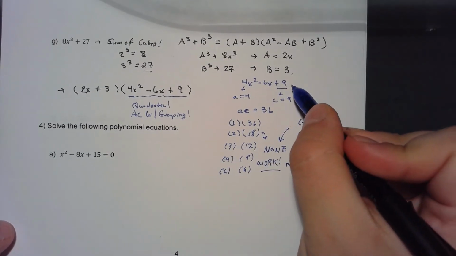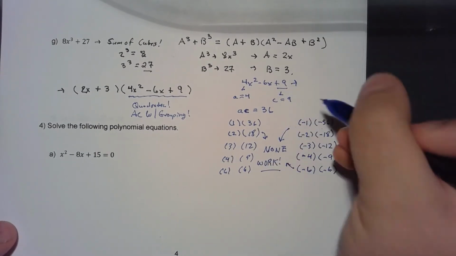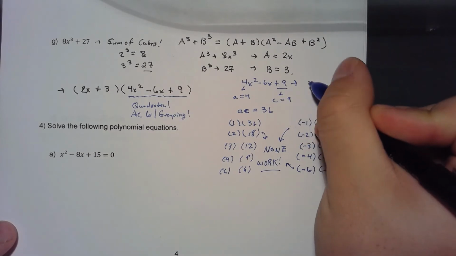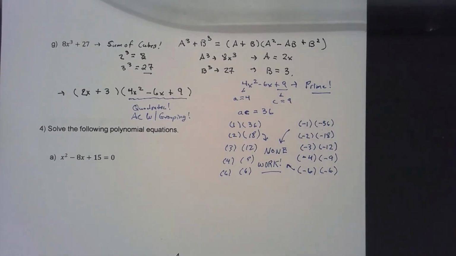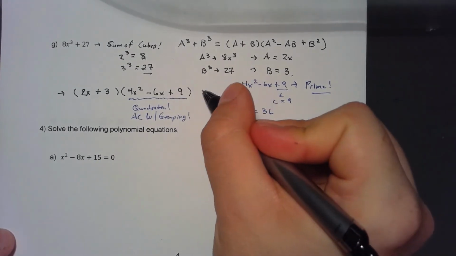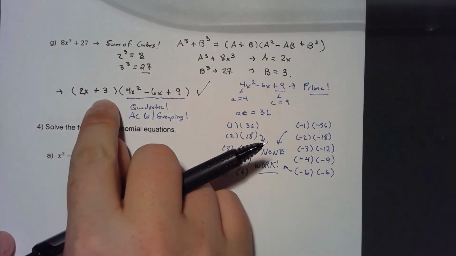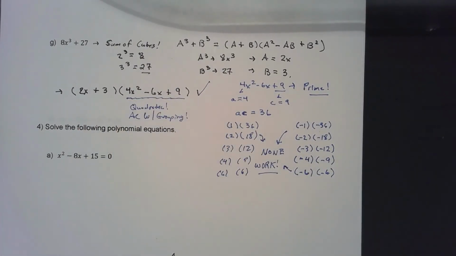So what does that mean about this quadratic? It doesn't factor. So since none work, this is prime. So this is in fact my factors: 2x plus 3 times 4x squared minus 6x plus 9. It doesn't factor.